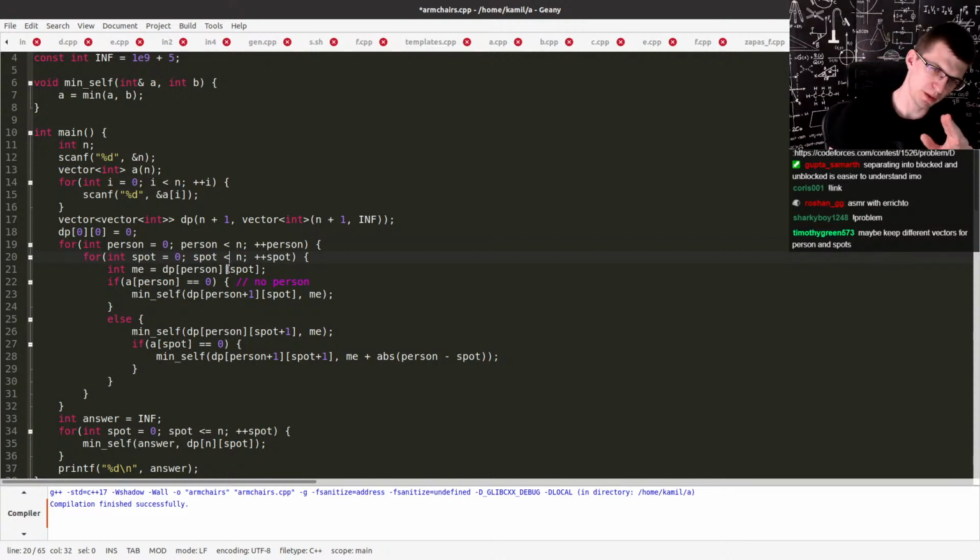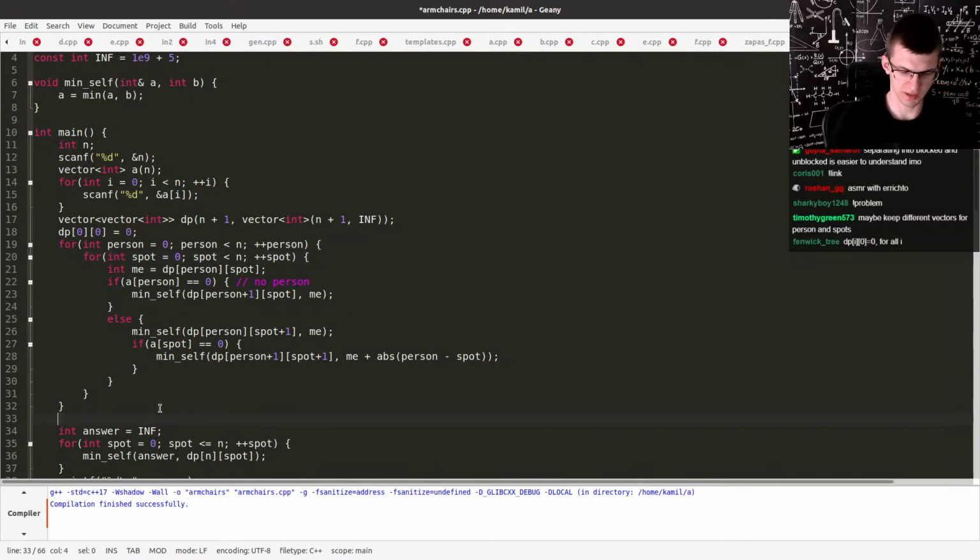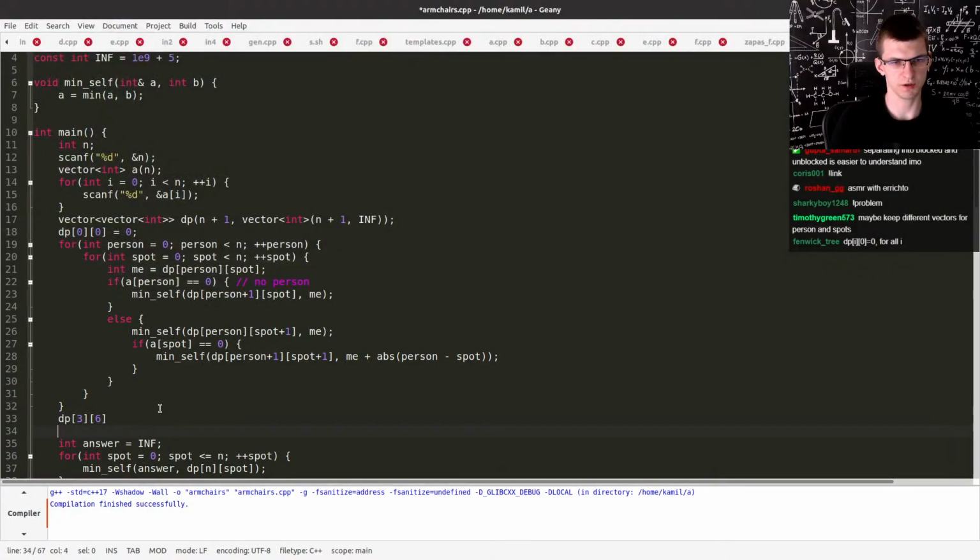So we are out of people, but we got to state DP of 36 for this input of 0, 1, 1, 1, 0, 0, 0. After this person is with this spot, so person is 2, spot is 5. That's the last connection we use. And after that, we are at person is 3, spot is 6.